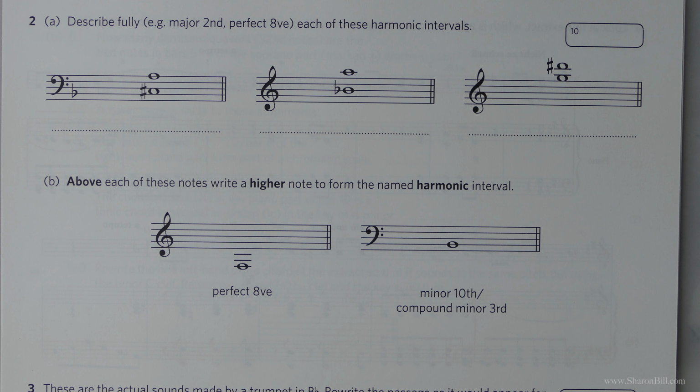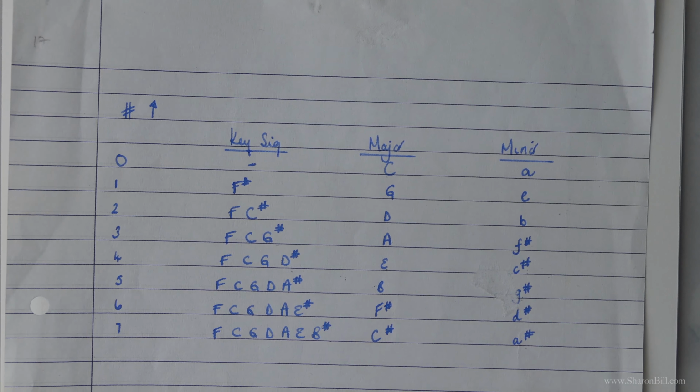Now we're looking at intervals and we need to describe them fully in terms of major, minor, augmented, diminished and so on. And for that you need a flexible working knowledge of your key signatures. However, rather than just juggling all of these key signatures in your mind, it's helpful to have them written down using the circle of fifths.